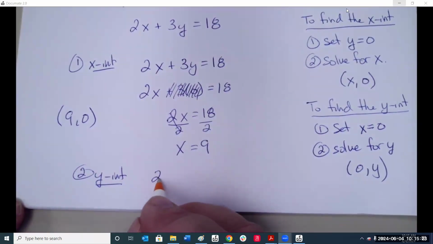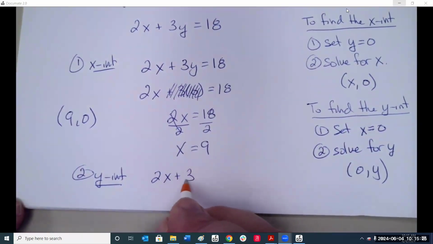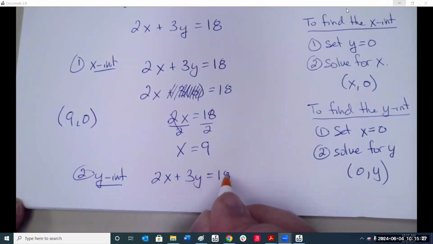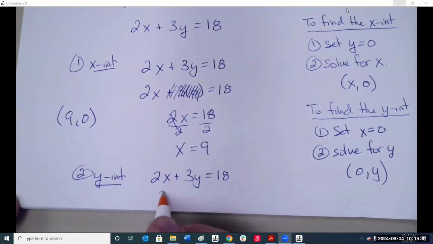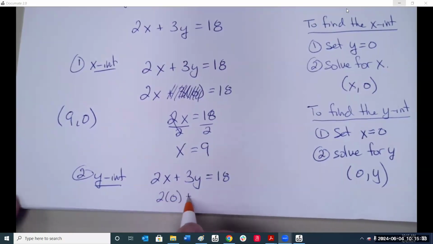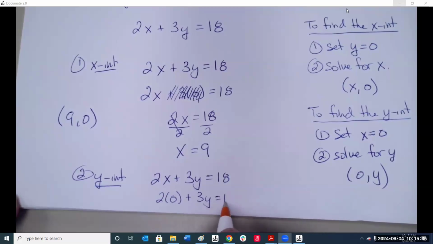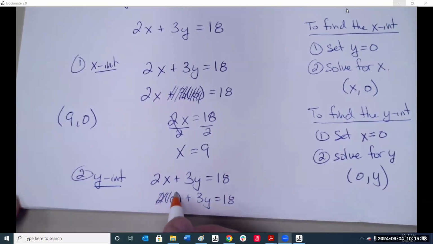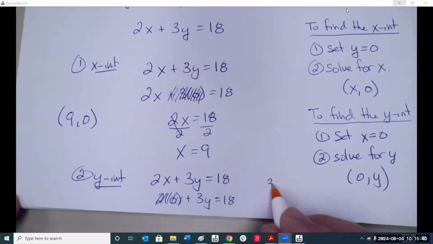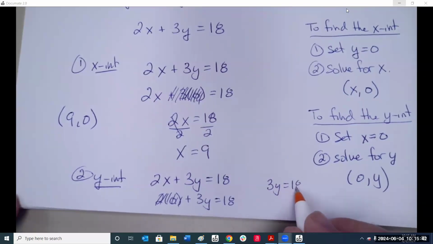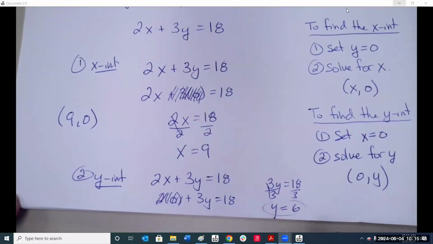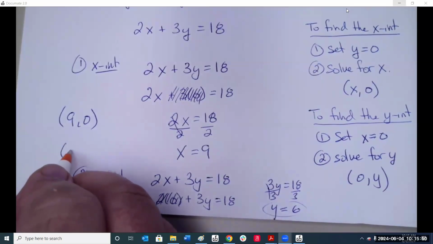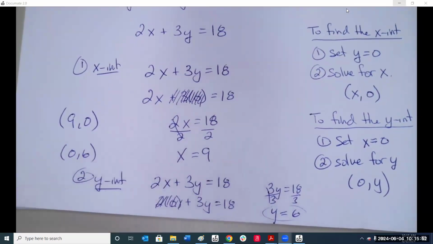And the y-intercept, set x equal to 0. So we have 3y equals 18. Y equals 6. So the y-intercept is at 0, 6.